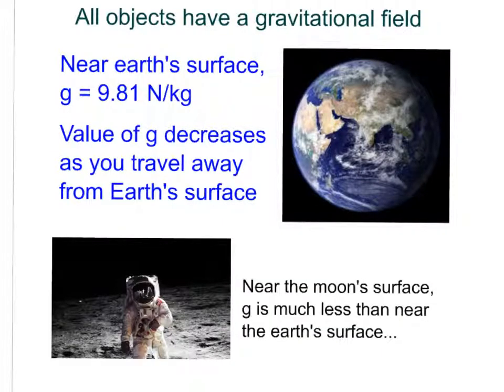So you already know this, but near the Earth's surface, g equals 9.81 newtons per kilogram or meters per second squared, and that value of g decreases as you travel away from the Earth's surface. And then obviously near the moon's surface, g is much less than near the Earth's surface because the moon has much less mass.